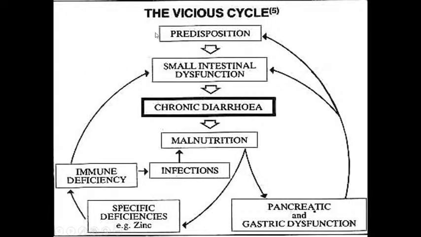So this is what we talked about: predisposition resulting in small intestinal dysfunction, chronic diarrhea, malnutrition. This malnutrition can create pancreatic and gastric dysfunction, and specific deficiencies, especially zinc, can result in further immune deficiency, which can result in infections and more malnutrition. All a vicious cycle.